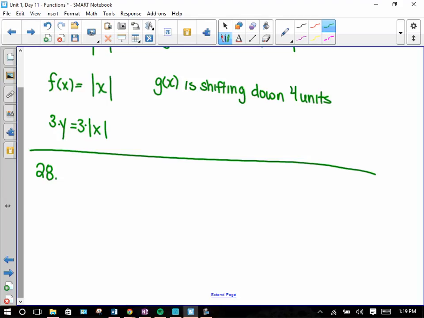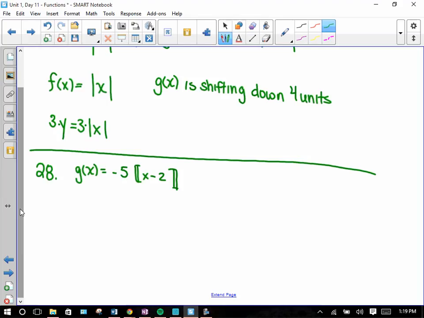It says that g of x is equal to negative 5 times the greatest integer function of x minus 2.